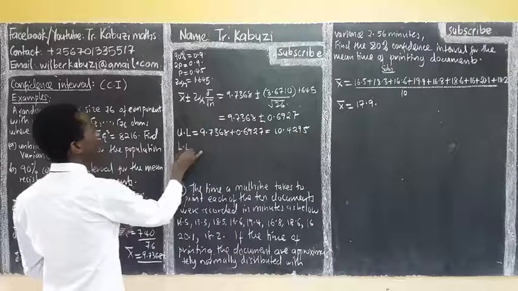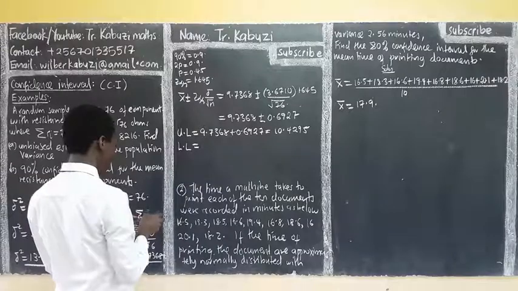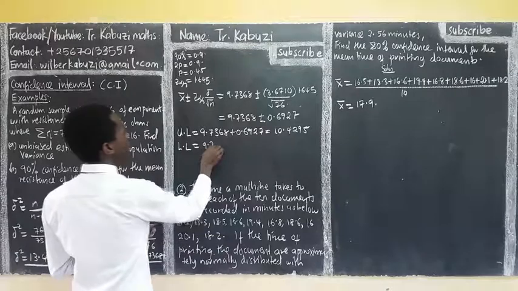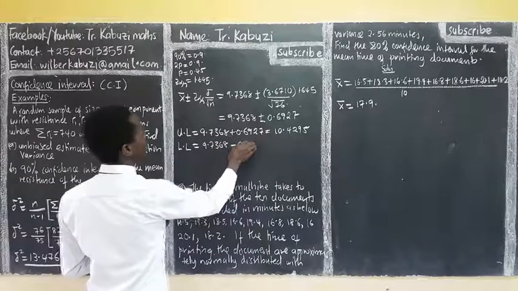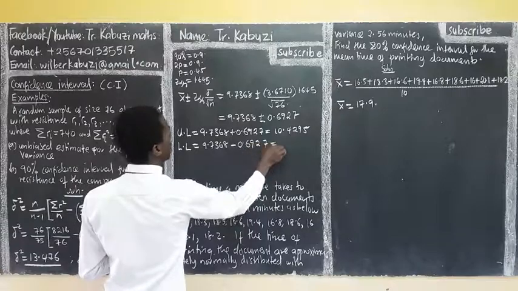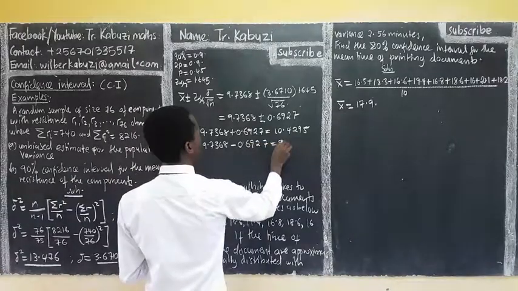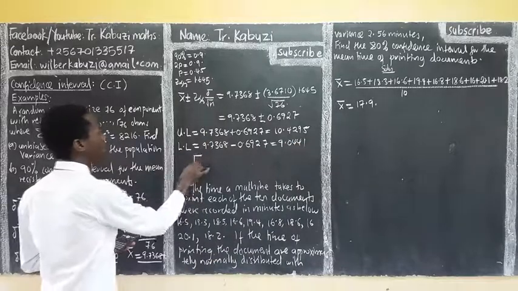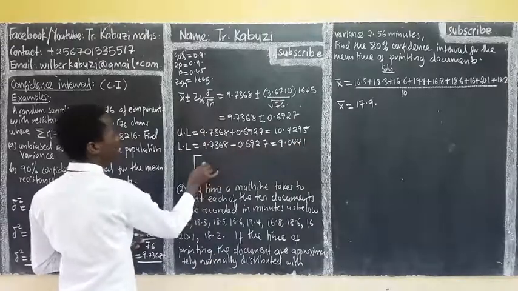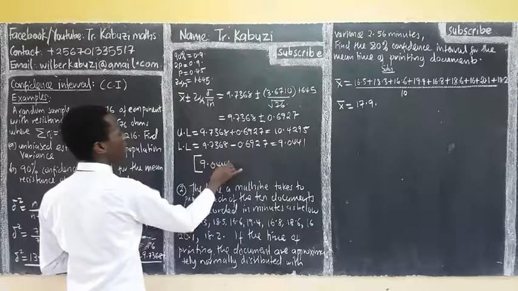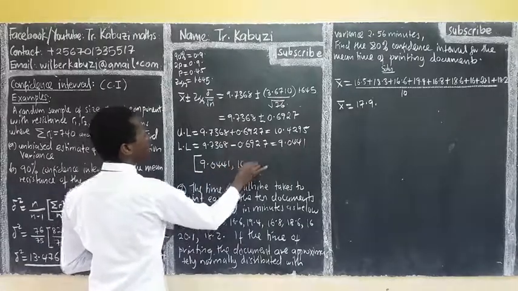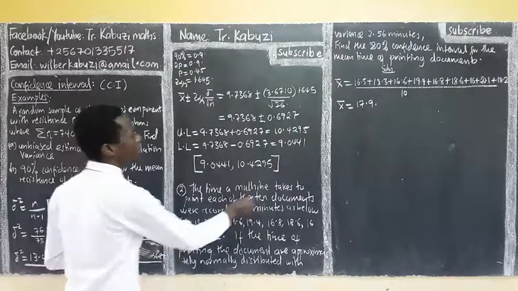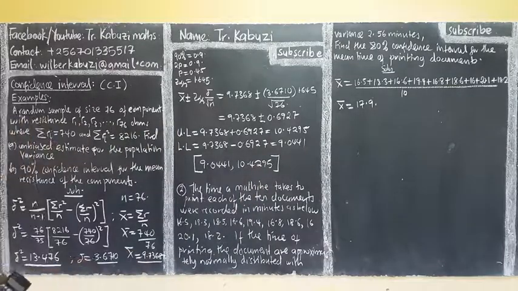Then my lower limit, we subtract: 9.7368 minus 0.6927 gives me 9.0441. Now my interval is going to be the lower limit 9.0441, then the upper 10.4295. So that's my confidence interval, in square brackets.